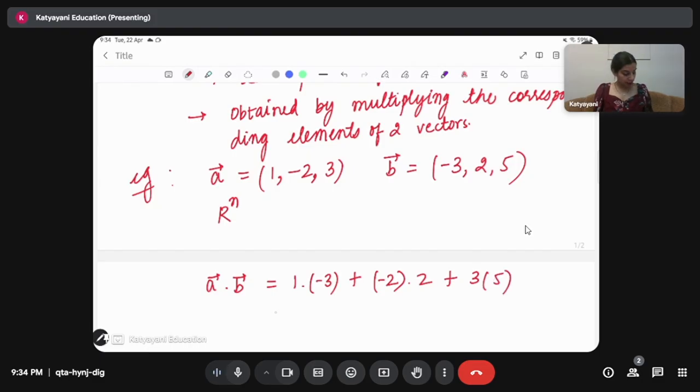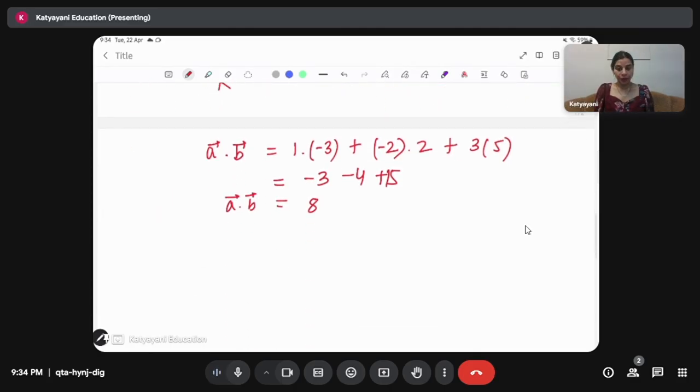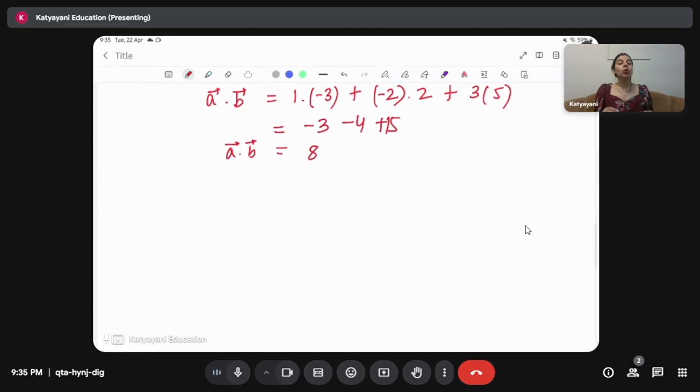And what do you get? You get -3 -4 plus 15, which is nothing but 8. So A dot B finally that you've got is a number, right? And it is defined only because the order of the two vectors here is 3 and 3, which is same, right? So this is called the scalar product.